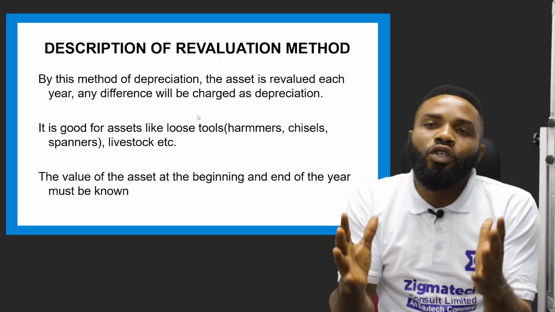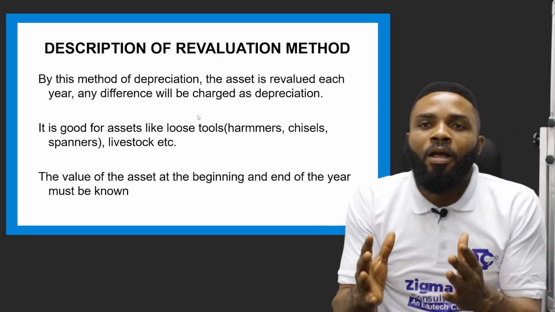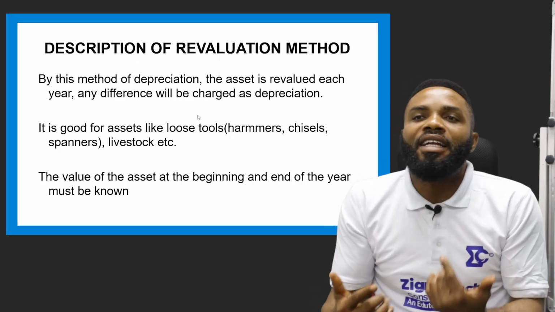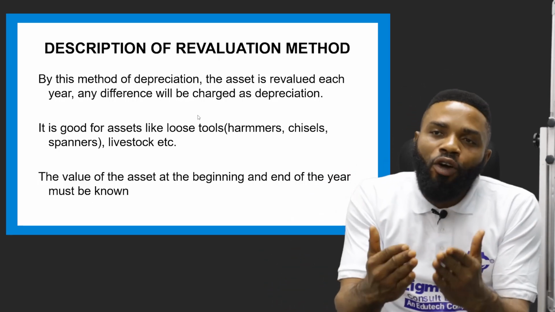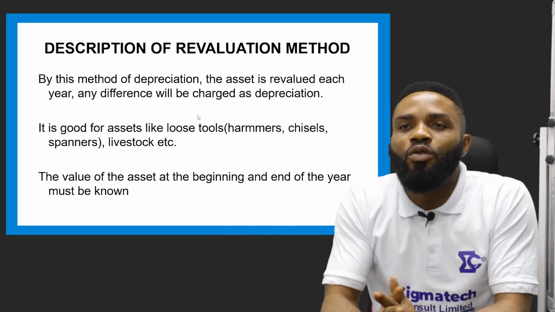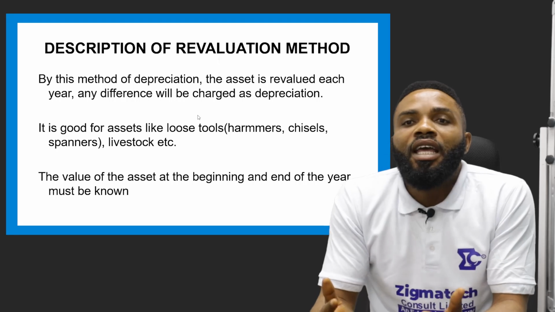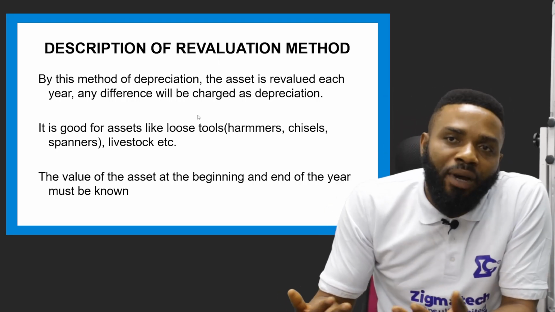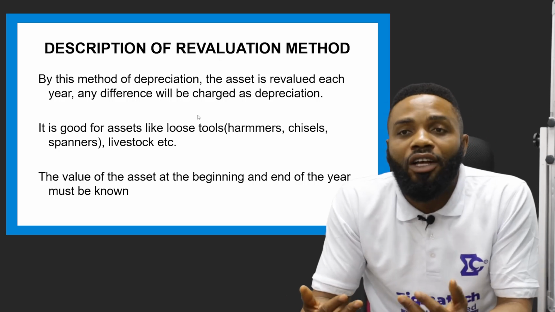So when you are going to adopt the revaluation method, you are going to revalue that asset after a period of time. And then the difference between the value of the asset and the revalued cost is what will give you the depreciation. We said it is good for assets like loose tools, like hammers, chisels, spanners, livestock, and so on and so forth.